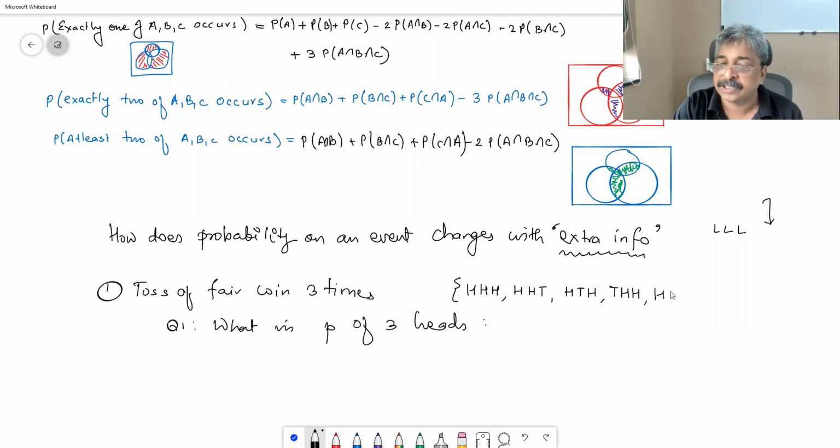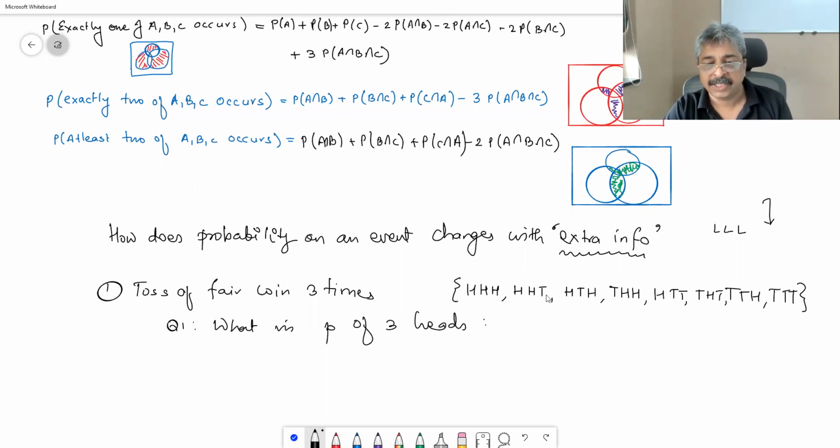Now H, T, T, then T, H, T, then T, T, H, and then T, T, T. So there are 8 elements in the sample space and only one is favorable. Therefore, the probability of 3 heads is 1 upon 8.